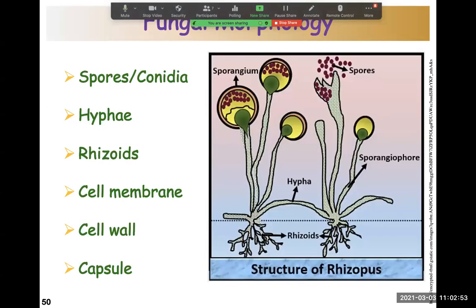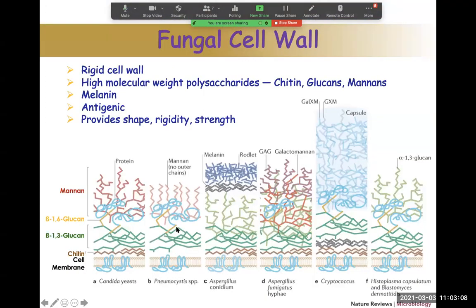So fungi, antifungals. As you remember, fungi have different structures. They have spores, hyphae, rhizoid, cell membrane, and cell wall. They could also have a capsule if they're unicellular. The important thing is the fungal cell wall is very different from the human cell wall, bacterial cell wall, and parasitic cell wall, though they may share some stuff with the parasitic cell wall.